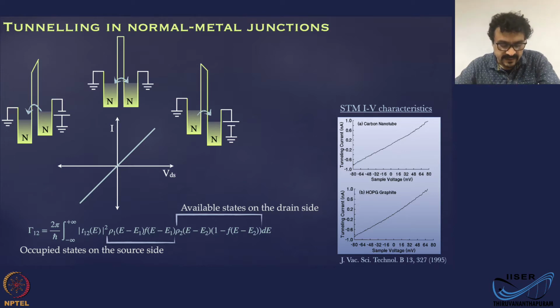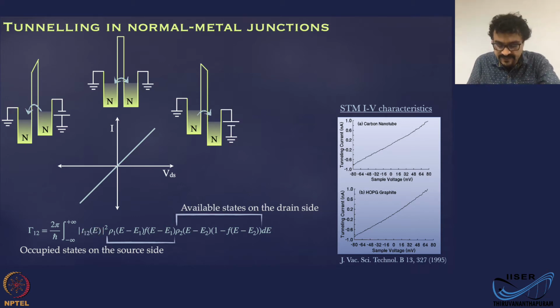Now, tunneling in general is given by this equation for tunnel rate. If you multiply that by the charge, you will get the tunneling current. So tunneling is a function of the transmission coefficient of the barrier or the interface.